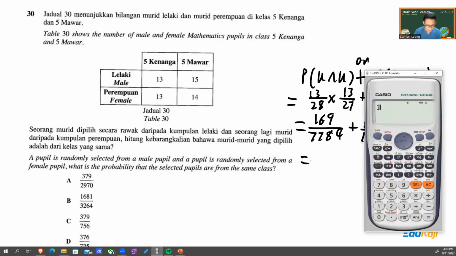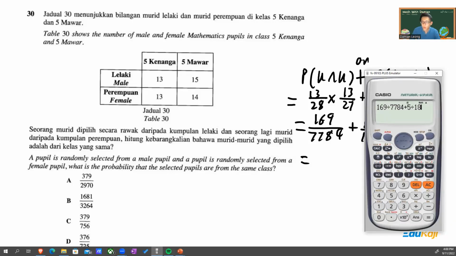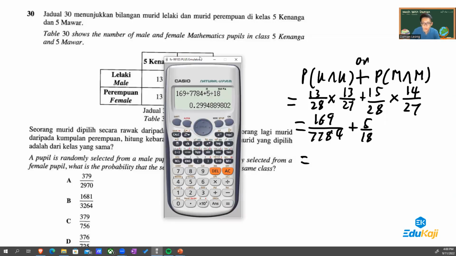So add together, 169 over 7784 plus 5 over 80. Yeah, counted. I counted wrong.